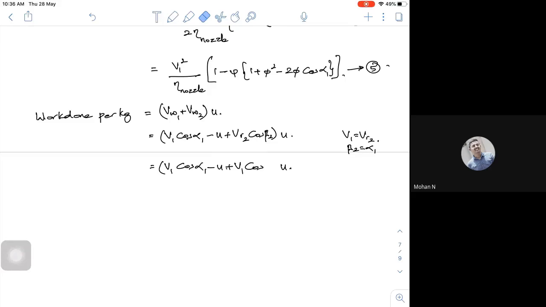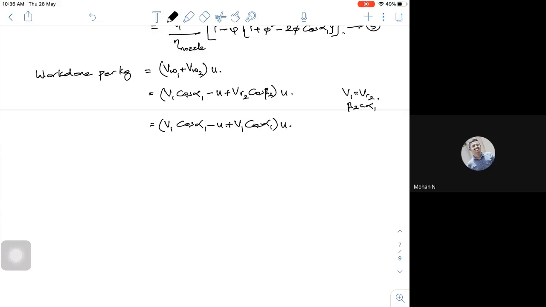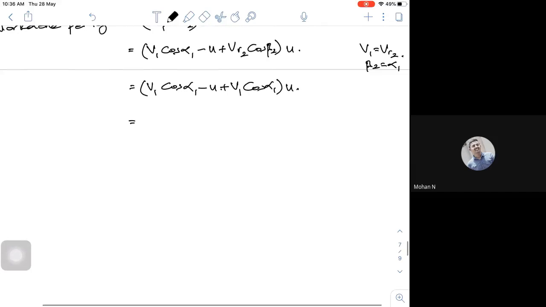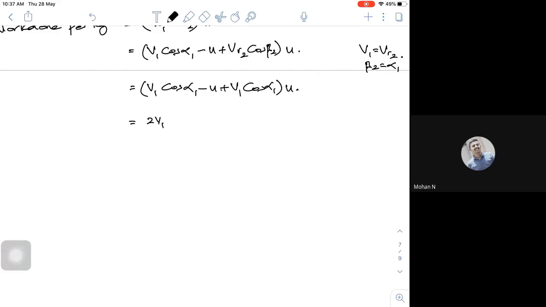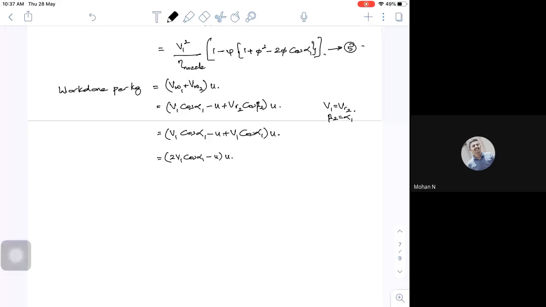So this will be V1 cos alpha 1 minus U plus V1 cos alpha 1 into U. So you have 2 cos alpha 1, and I can write it as 2 V1 cos alpha 1 minus U into U. This is your work done per kg of steam.